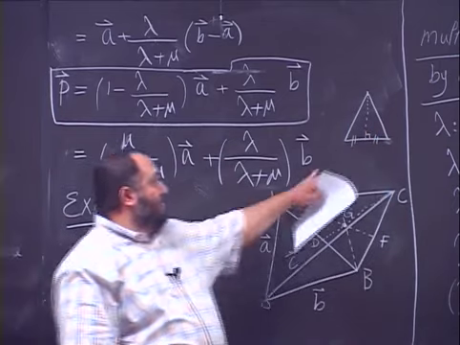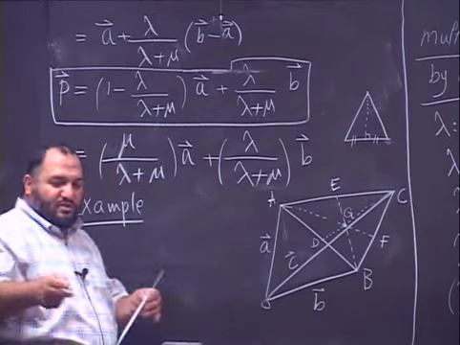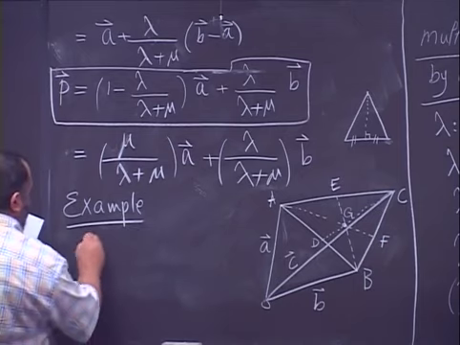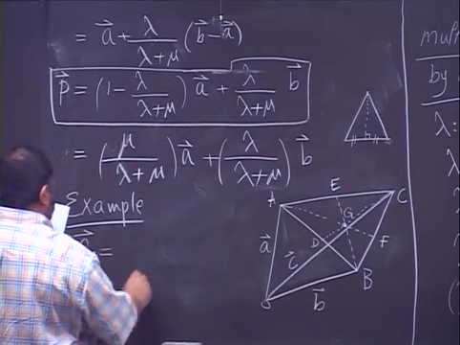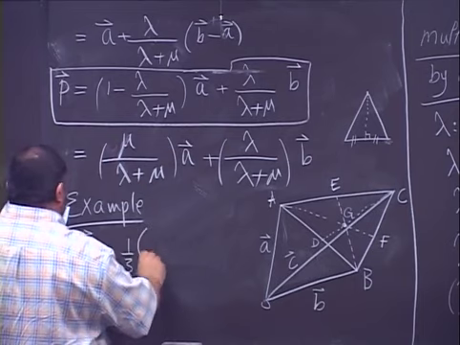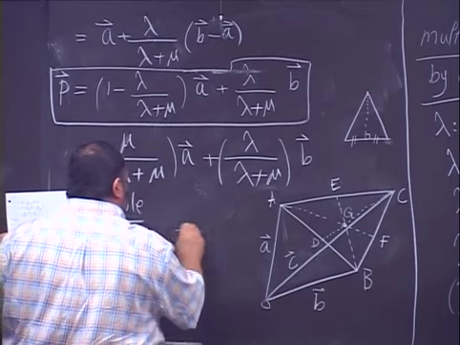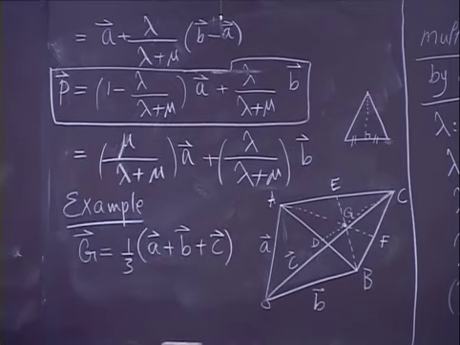So the ratio will be 1/2 and 1/2. Just go back to the example in the book, look at it, and you will get the answer that the position vector G is nothing more than 1/3 of the summation of the position vectors A, B, plus C.